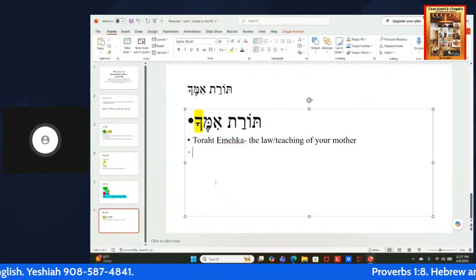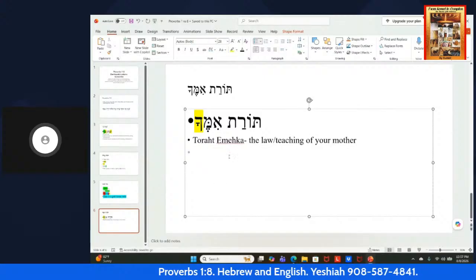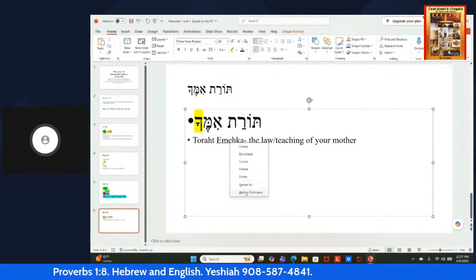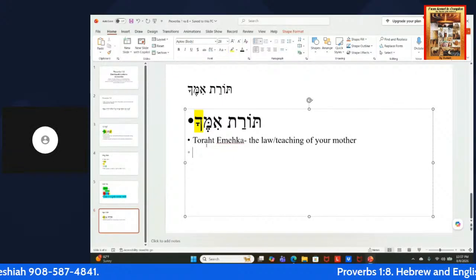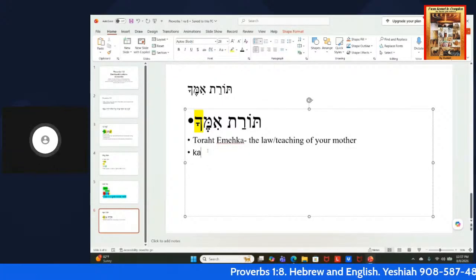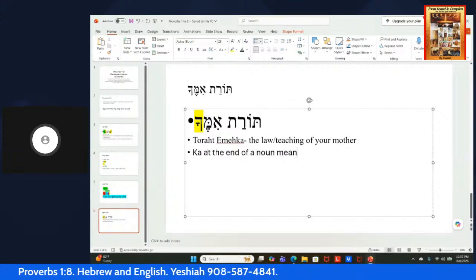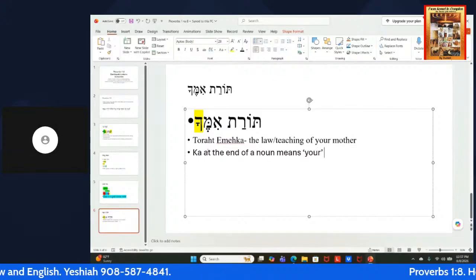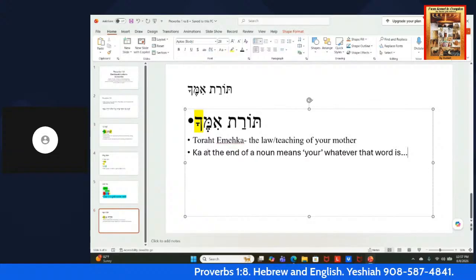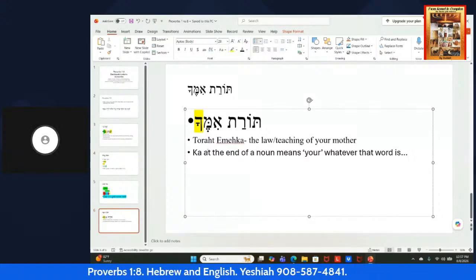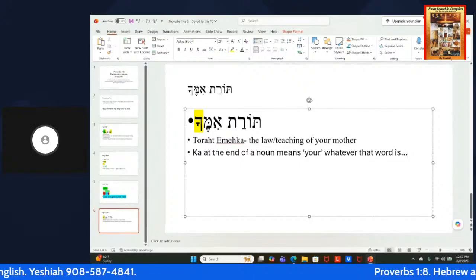This ka that we want to emphasize at the moment, brothers and sisters, means your, whatever the word is. Ima is mother. Imeka, your mother. So ka at the end of a noun means your, whatever that word is. Now if it had been a verb, that ka would mean you and not your. I just want to point that out.